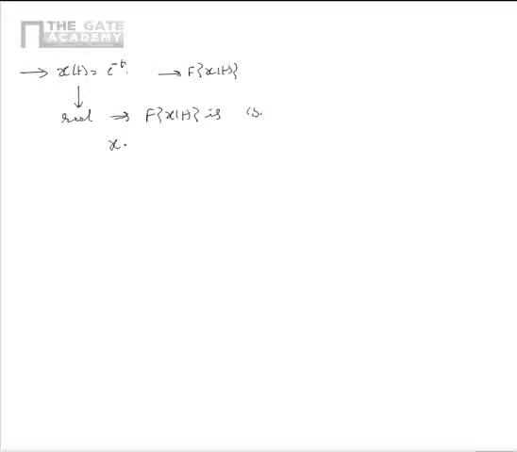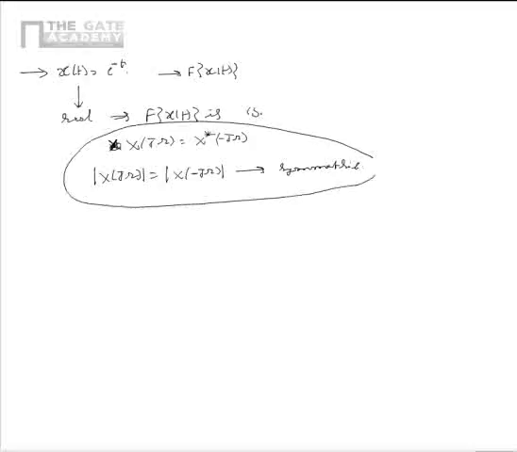That is, it satisfies the relation X(jω) = X*(-jω). From this we can say that the magnitude of X(jω) is equal to the magnitude of X(-jω). So here we see that the magnitude spectrum is symmetric or even. So these are the properties that would be satisfied by the Fourier transform of x(t) if x(t) is real.